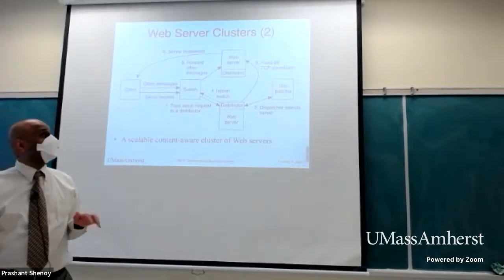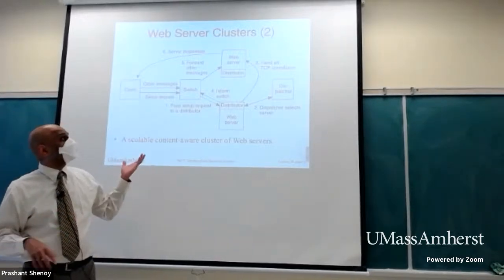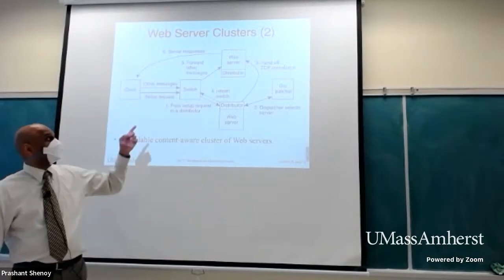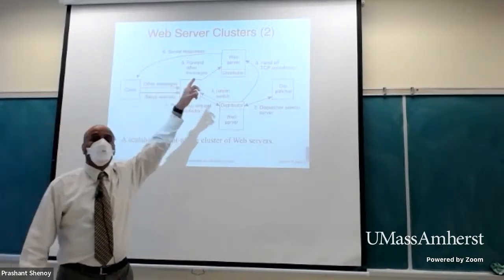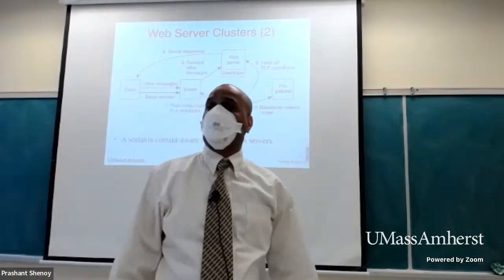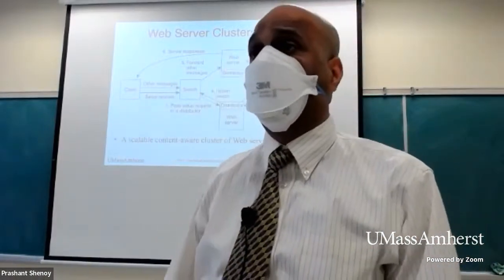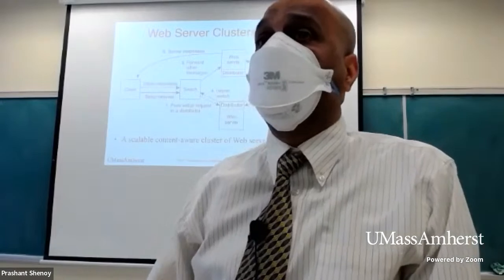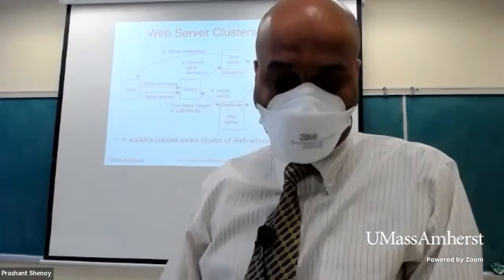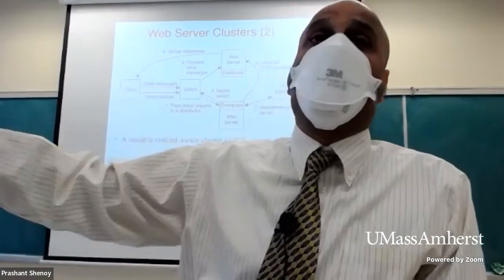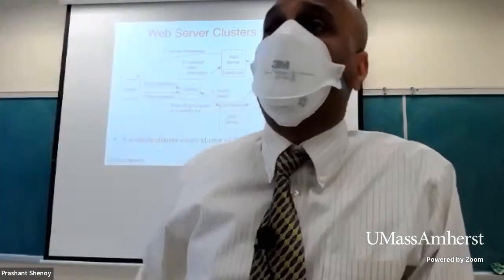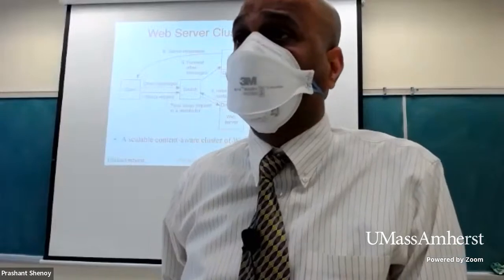And the third is called TCP handoff, which is like HTTP redirect, where you get a TCP connection for an HTTP request. You essentially hand off that TCP connection itself to another machine. This requires you to add some additional network level mechanisms where you make a socket connection to one machine, and that socket connection is essentially handed off to another machine.